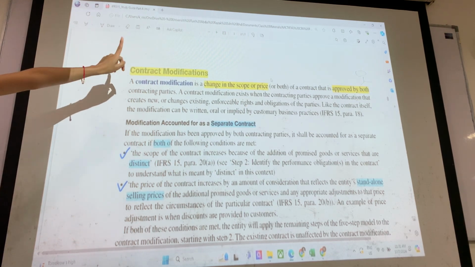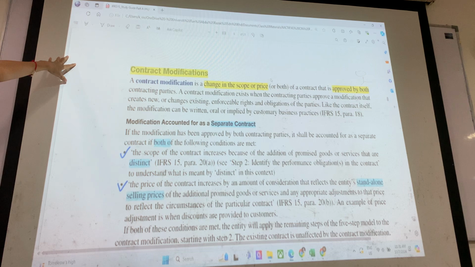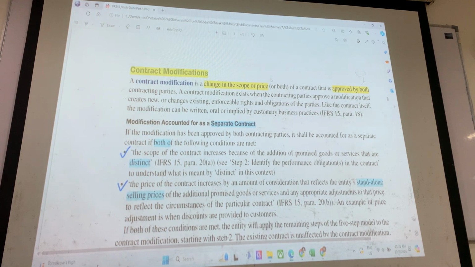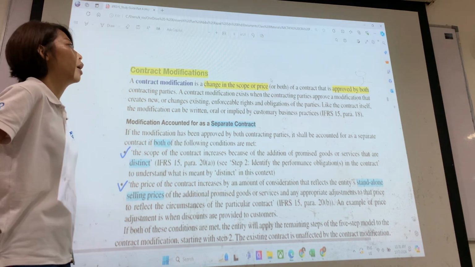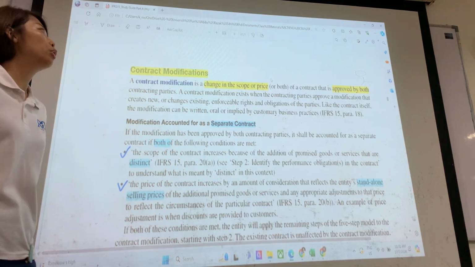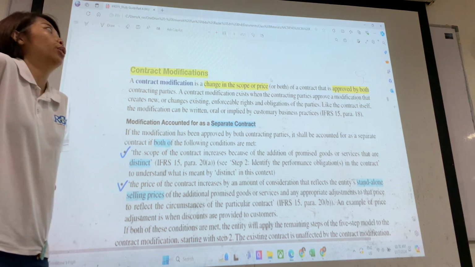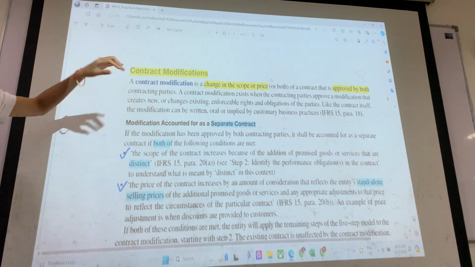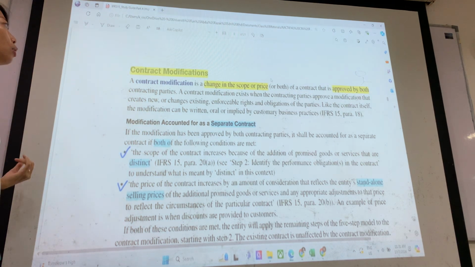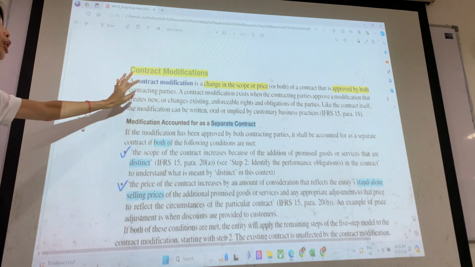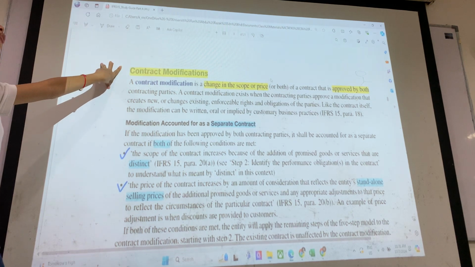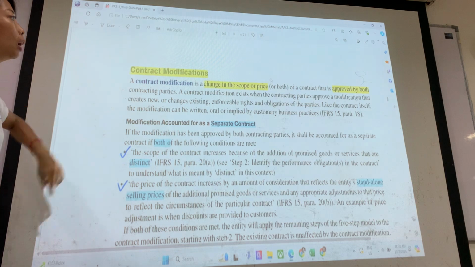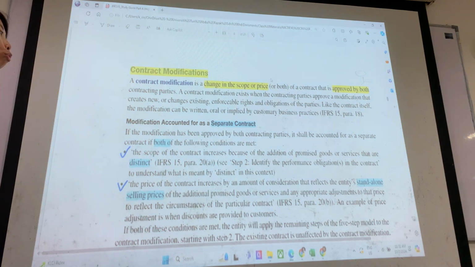Now, you have one contract, you signed the contract already, and then 5 days later, that customer says, our manager came back already, and the manager says, can you increase the quantity, or can you reduce the price by 5%, and so on. So the contract has already been signed by the purchase manager and yourself, but then suddenly you ask, can it be changed or not. So this is contract modification. When you want to modify a contract, what are you supposed to do?